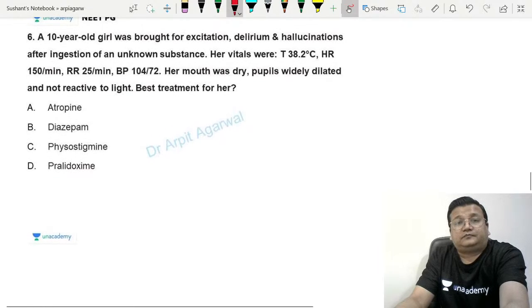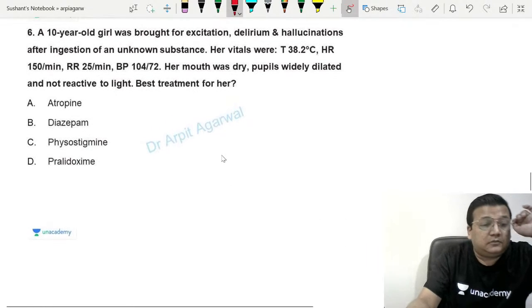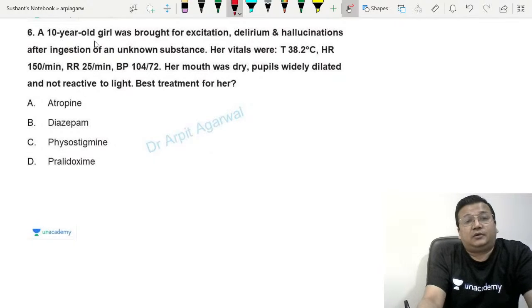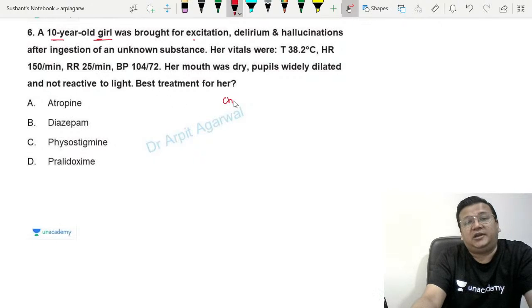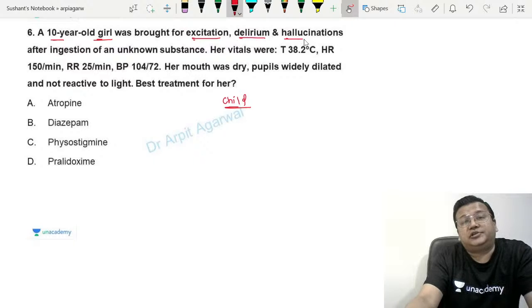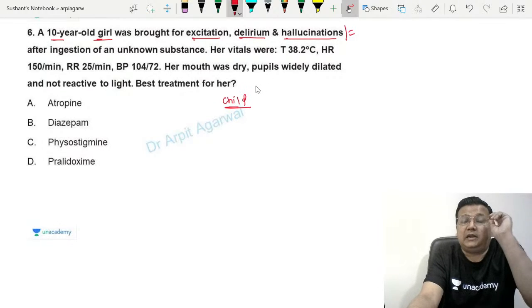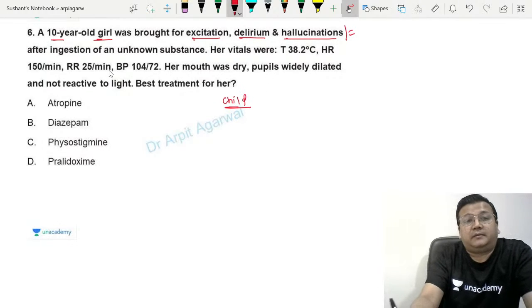Next, a 10-year-old girl was brought for excitation. Again, you see the age, sex. We have now a child with excitation, delirium, hallucination. Very important symptoms. They should ring a bell in your mind.